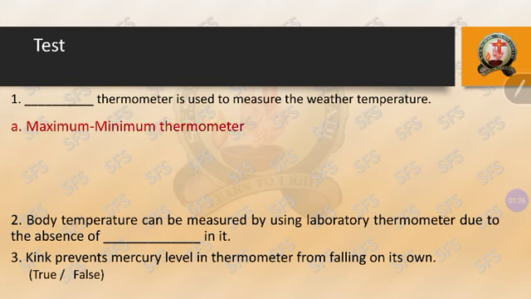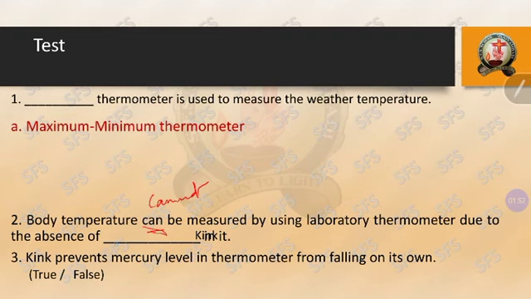The second question: body temperature can be measured by using a laboratory thermometer. Sorry, there is a small mistake here, it should actually be: body temperature cannot be measured by using a laboratory thermometer due to the absence of kink in it.